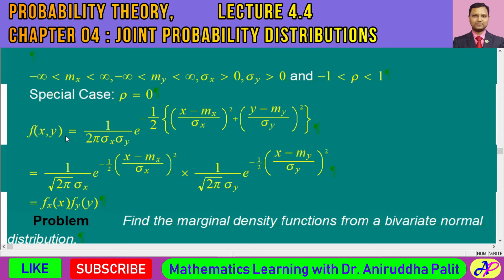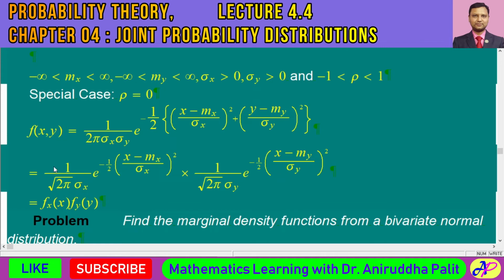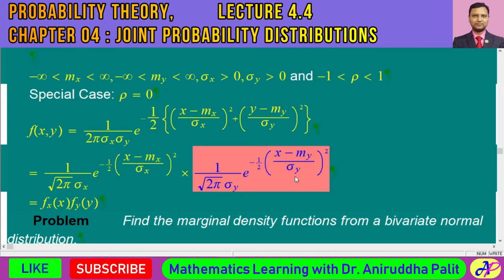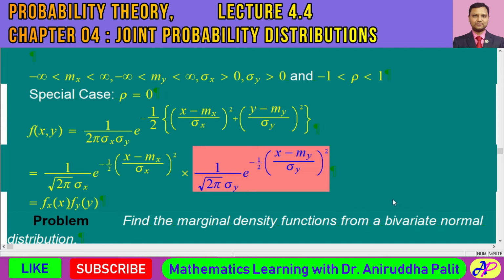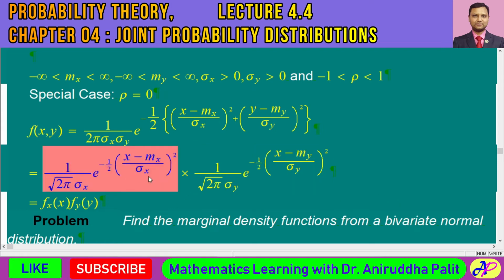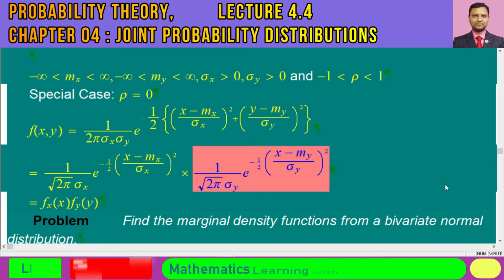So over here, you observe that this joint probability density function has been represented as a function of x alone and a function of y alone. And we are going to show that this is nothing but the marginal density function of x, and this is the marginal density function of y.